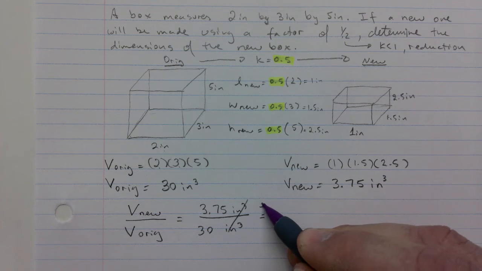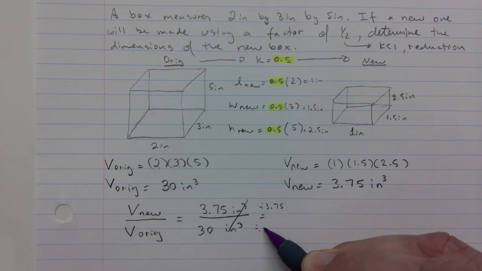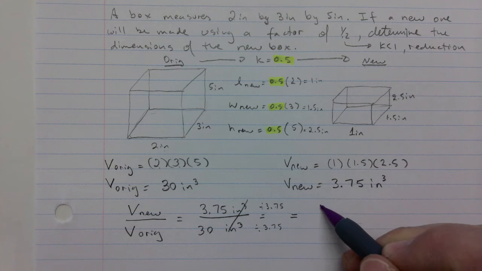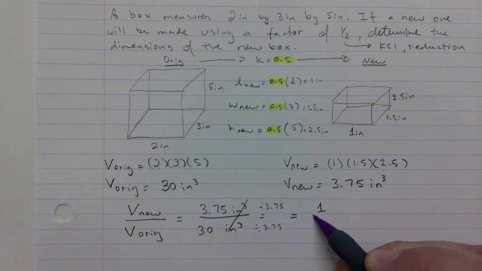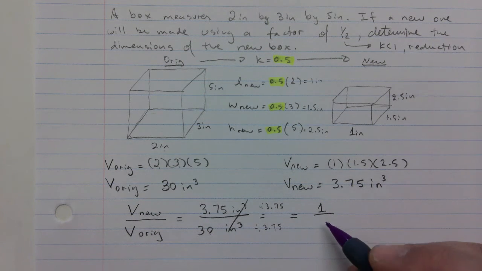Let's divide both of them by 3.75, which is the smallest value in that fraction. What does that give us? We get 1 for the top. And if we go 30 divided by 3.75, what do we get? You should get 8.